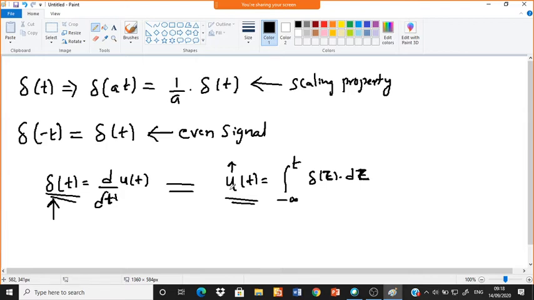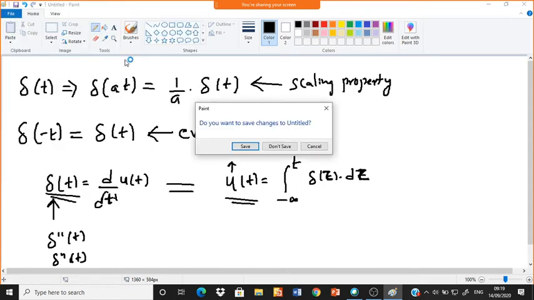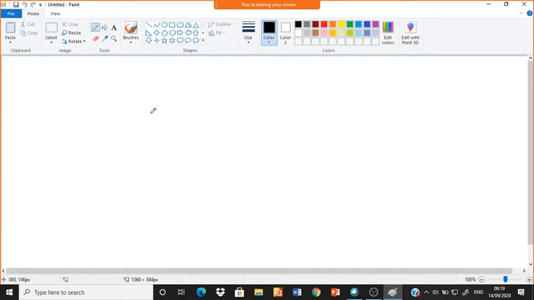And we can continue with the derivatives: the double derivative of del of t, and go on to the nth derivative of del of t. We can define these in terms of limits. If you want to derive the first derivative, that is del dash of t, it is equal to a limit.